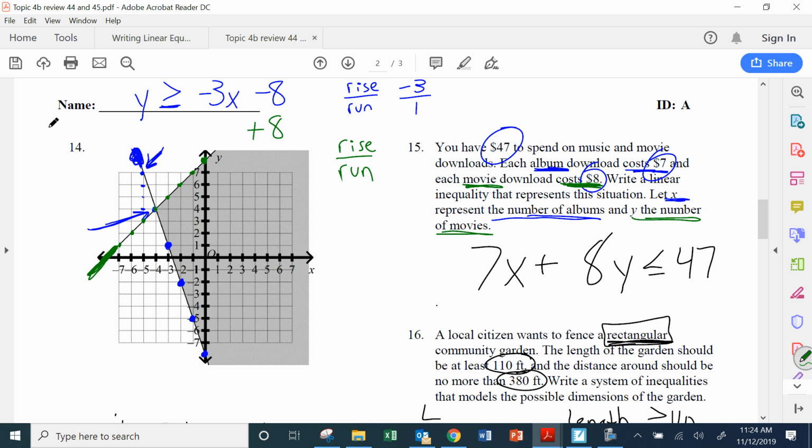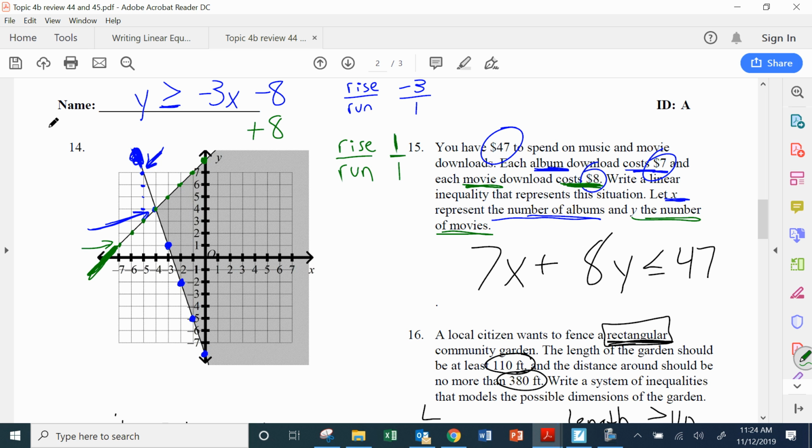So I go down 1 and I go left 1. Or I could start all the way over here at that one, and I could go up 1 and right 1. Let's do that. Up 1 and right 1. If I go up 1, then that's +1. If I go to the right 1, then that is +1 as well.